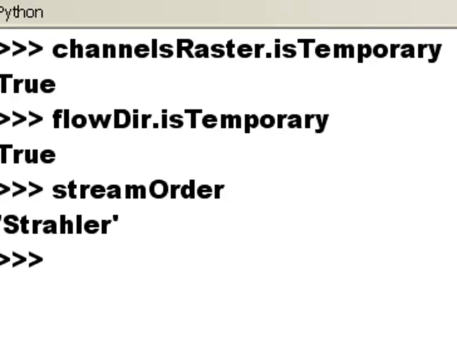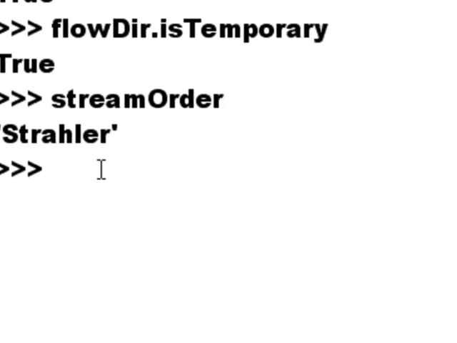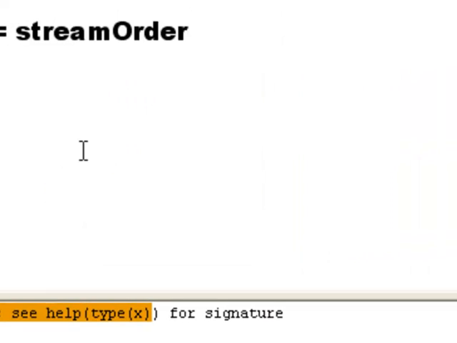Okay, so the inputs to the Stream Order tool will be our channel raster, and that's a temporary raster, and then our flow direction raster, that's also a temporary raster, and then a string variable I called stream order. So then we could make our streams raster using the Stream Order tool.